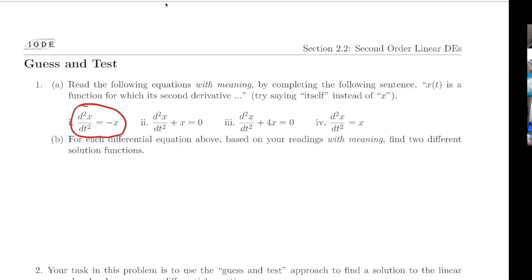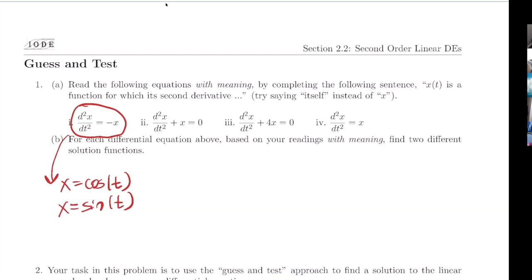From the quiz, you should have convinced yourself that something like cosine of t works, or the sine of t works, because the first derivative gives us the other trig function, and then the second derivative gives us the original one back with the sign change.